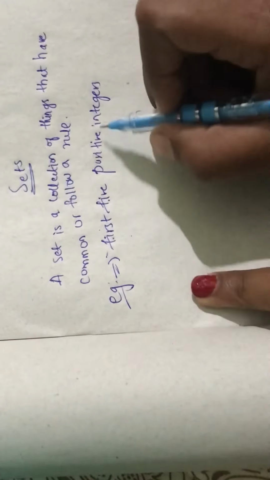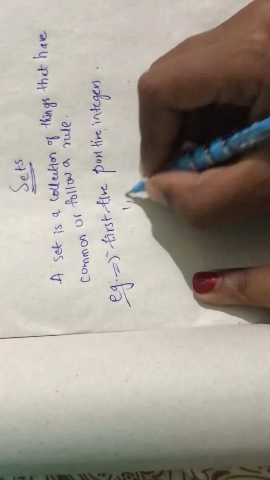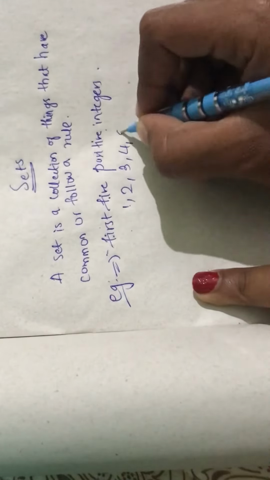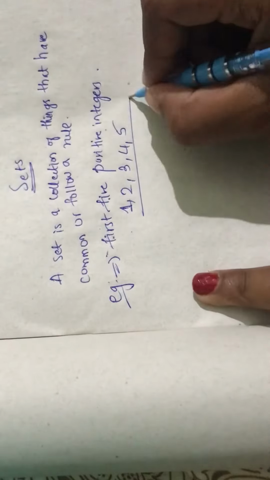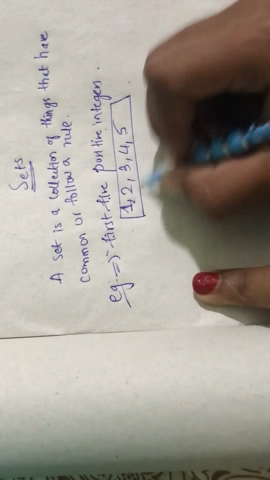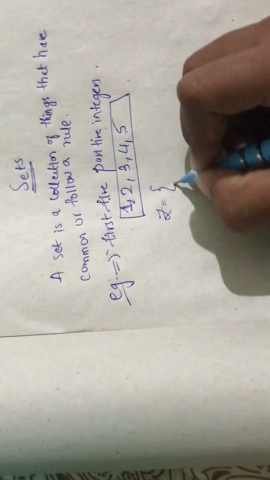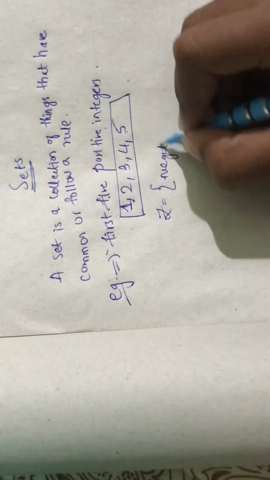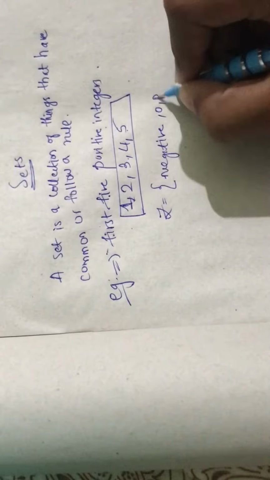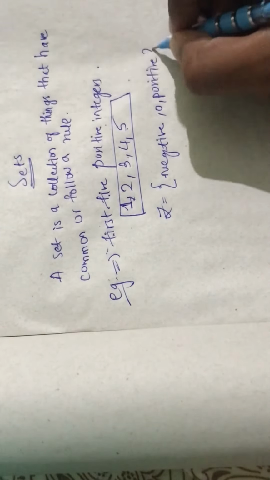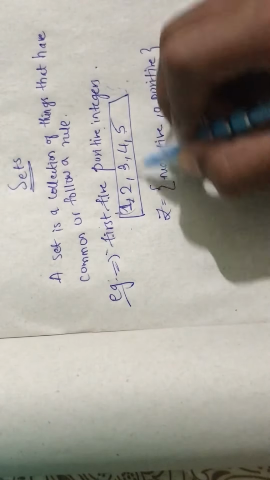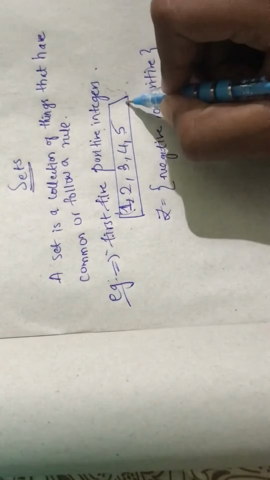What are the first 5 positive integers? 1, 2, 3, 4 and 5. These 5 are the first 5 positive integers, because we know that integers include negative values, 0 and positive values. So the first 5 positive integers are 1, 2, 3, 4, 5.